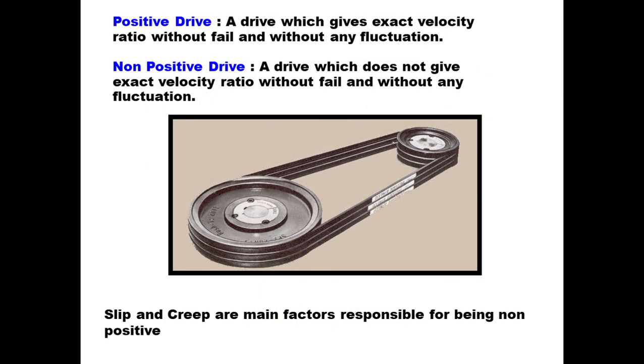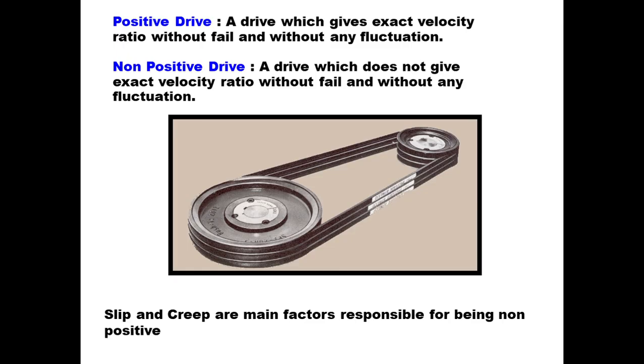When we speak about a positive drive, it is a drive which gives exact velocity ratio without fail and without any fluctuation. When we speak about a non-positive drive, it is a drive which does not give exact velocity ratio without fail and without any fluctuation.